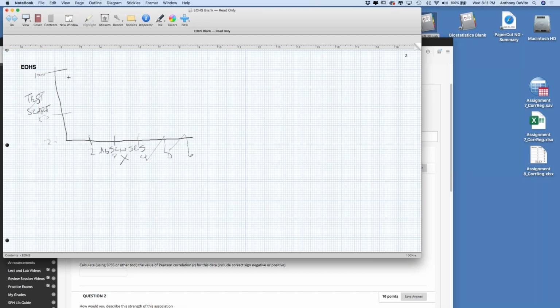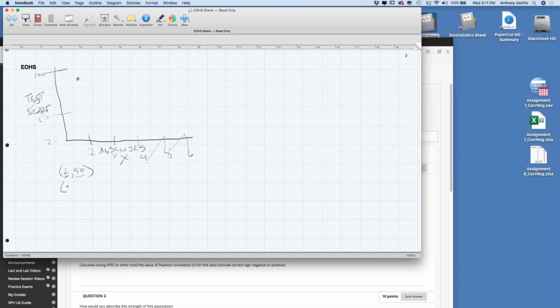So a person missed 2 absences and got a score of 90 on the test. I've just laid these out, so these are coordinates on a graph. The x value is 2, the y value is 90. That's one subject. So the 2 and 90 would represent a dot up here.